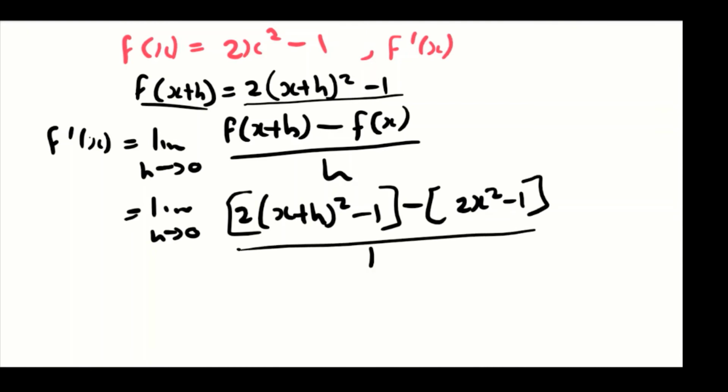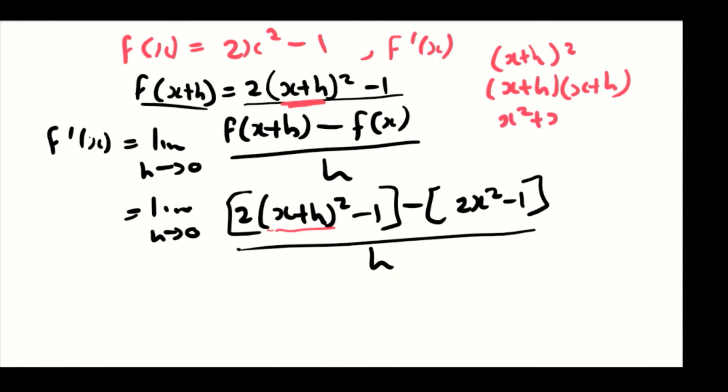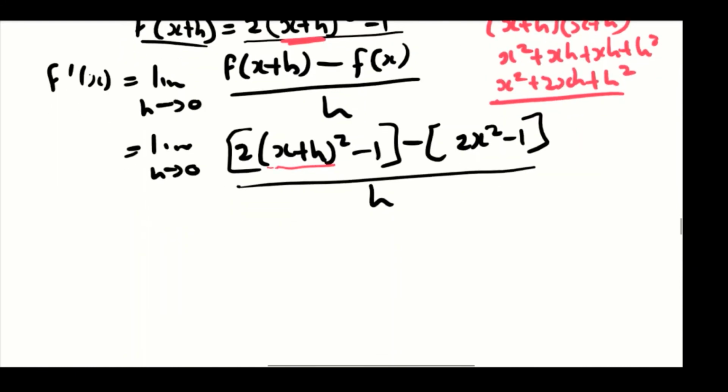So over h. Let's first deal with the expression x plus h squared. You can expand it as x plus h, x plus h. Finding the product, it's x squared plus xh plus xh plus h squared, which is x squared plus 2xh plus h squared. So we're just going to substitute it there.